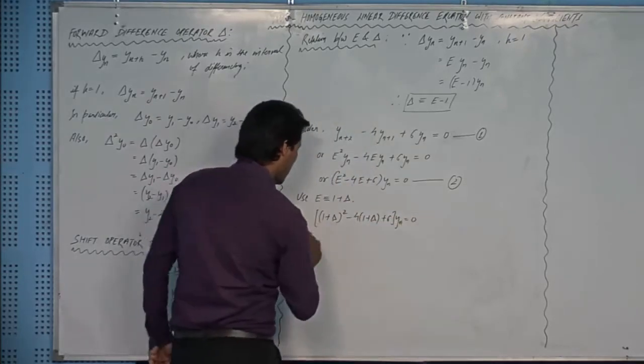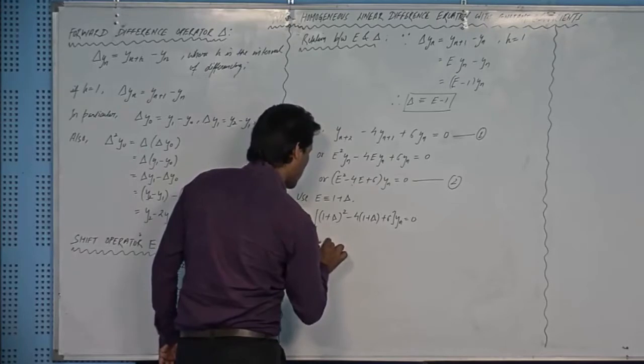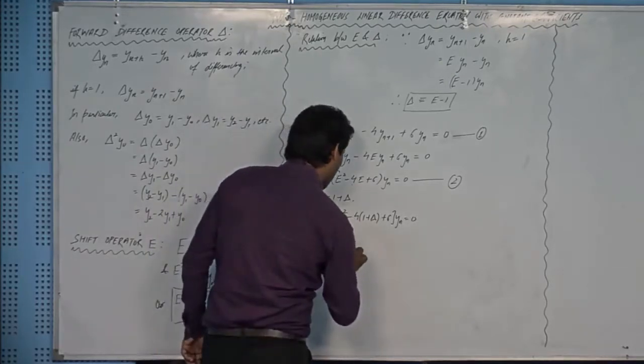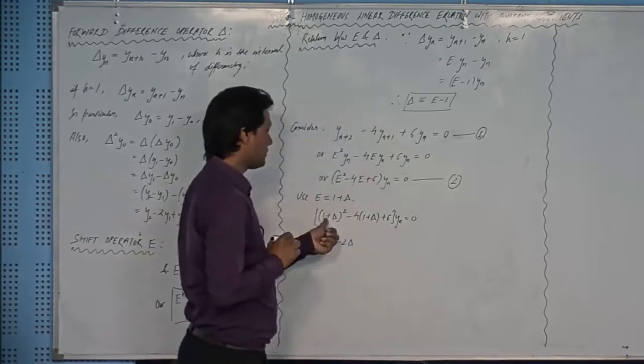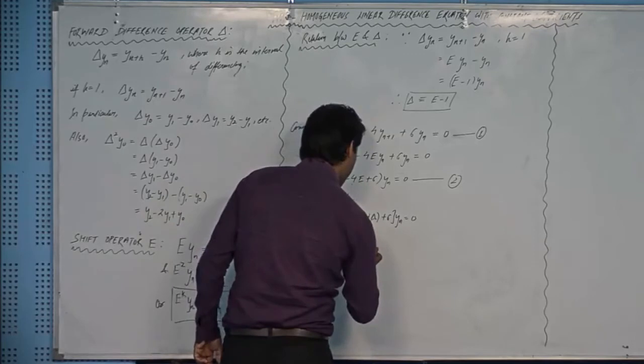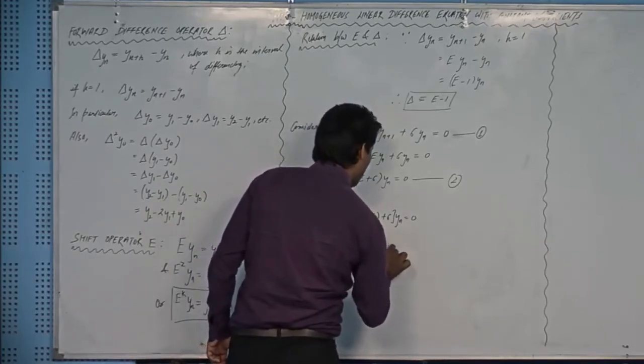On expanding it, I will get delta square, 2 delta minus 4 delta gives minus 2 delta, and from here 1 plus 6 minus 4 should be equal to 3, so yn equal to 0.